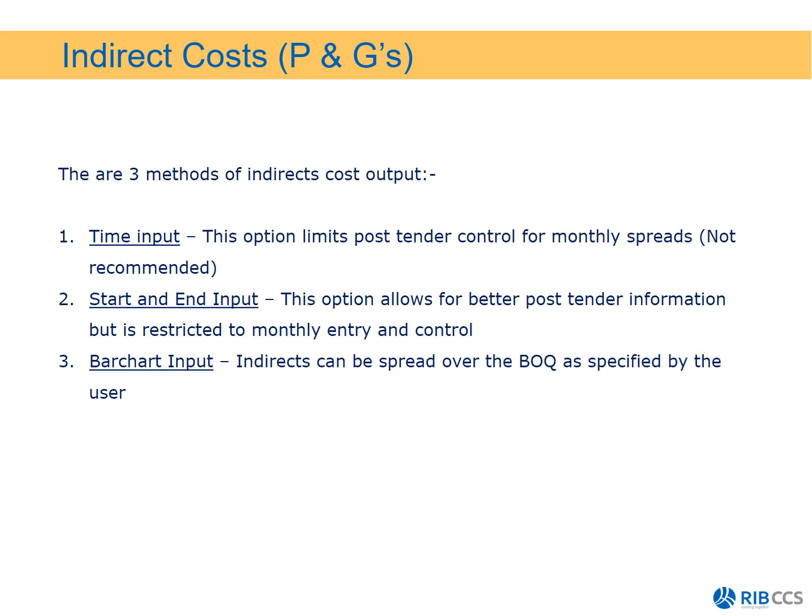This option allows for better post-tender information, but is restricted to monthly entry and control. The third method, which is the best method, is the bar chart input. Your indirects can be spread over the bill of quantity as specified by the user. So I'm going to take you through in Candy how we go about doing this.